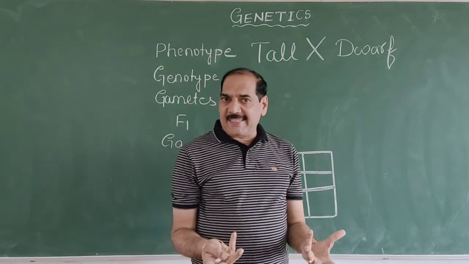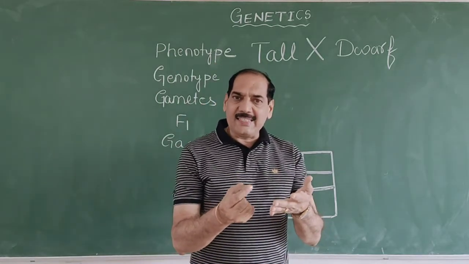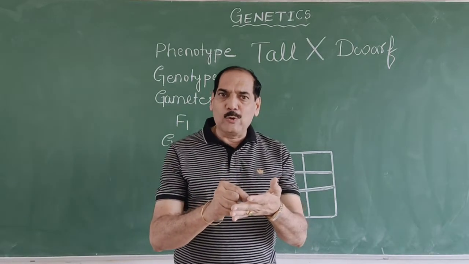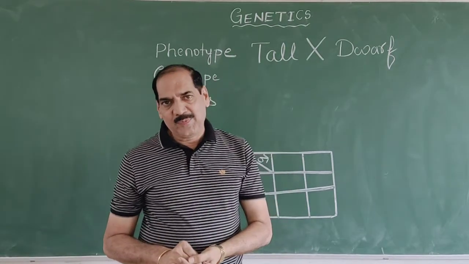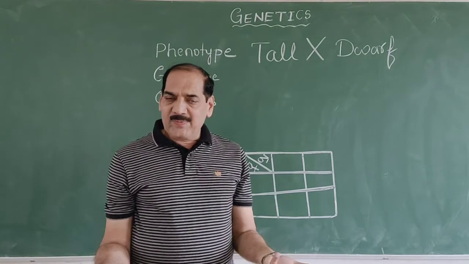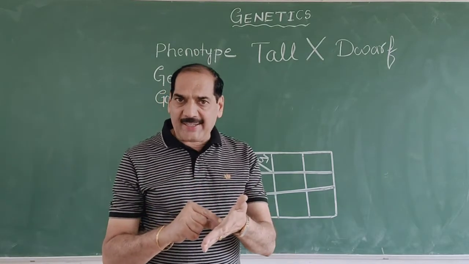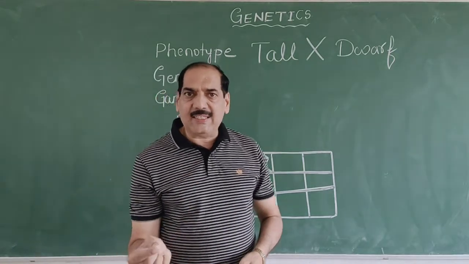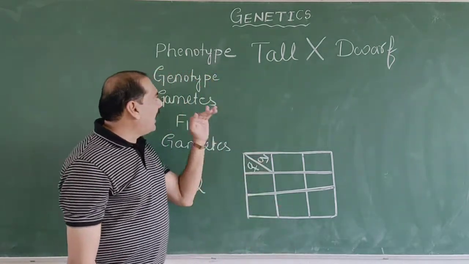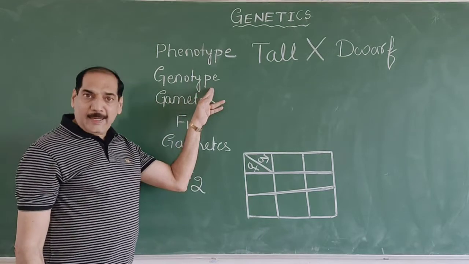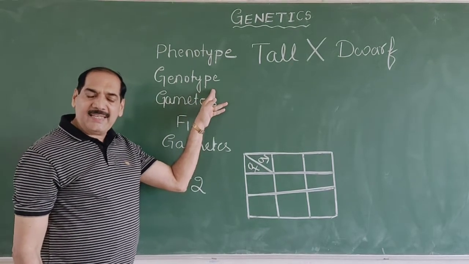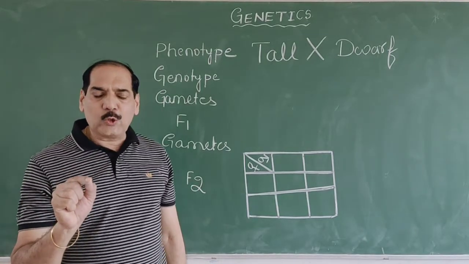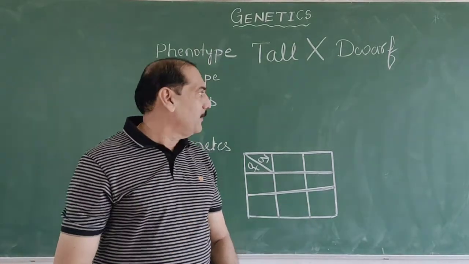These cannot be seen because these genes or factors are present on the chromosomes of the cells. We cannot see them. These factors, the genes present on the chromosome, are called genotype. Actually, they are present on the chromosome of the cell.